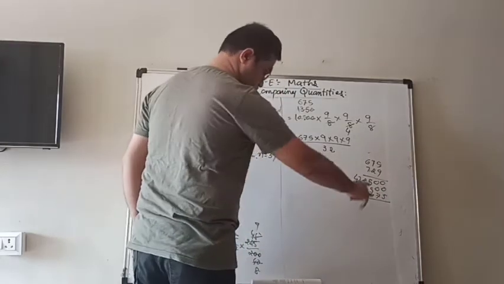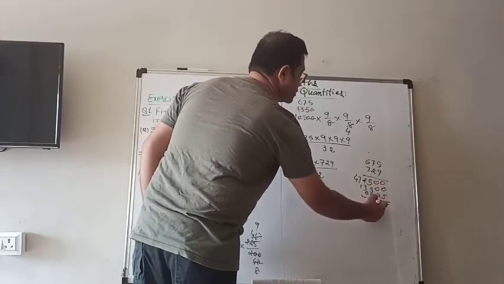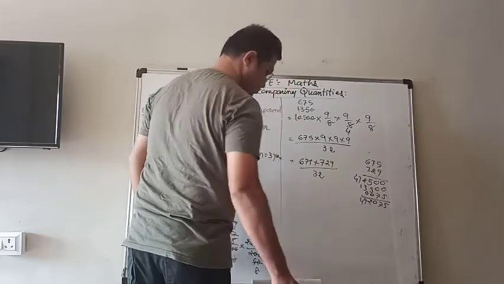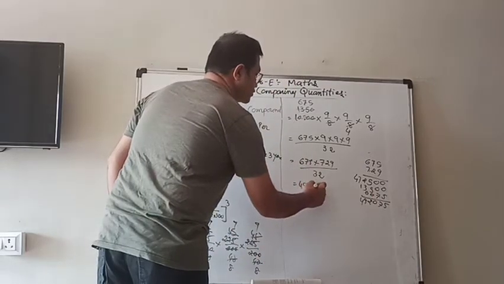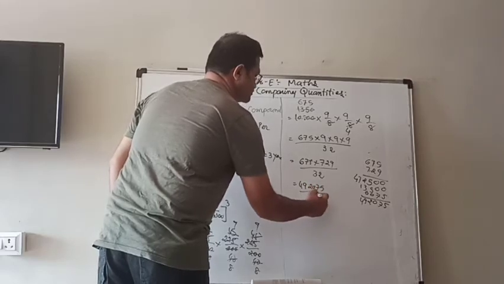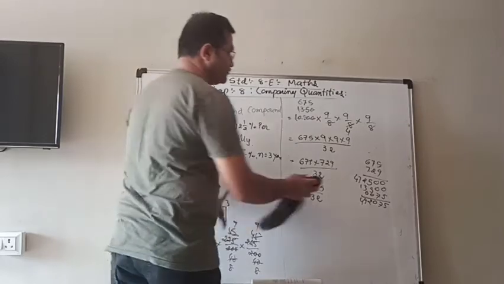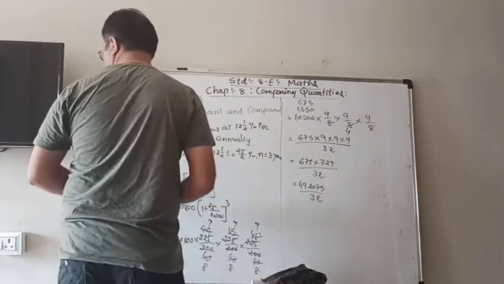So that total is 492075 divided by 32. So now we have to divide 492075 by 32.